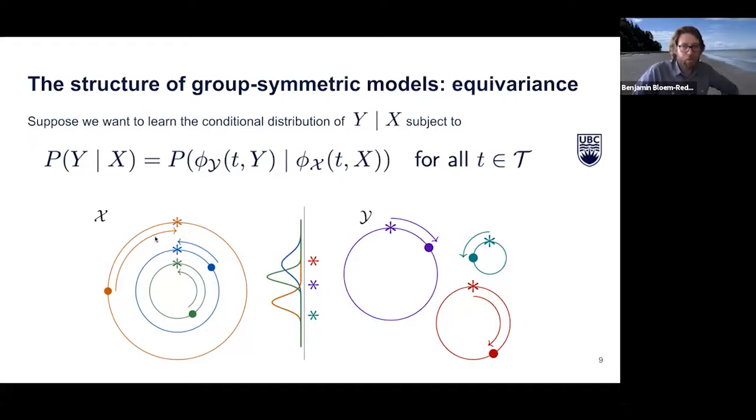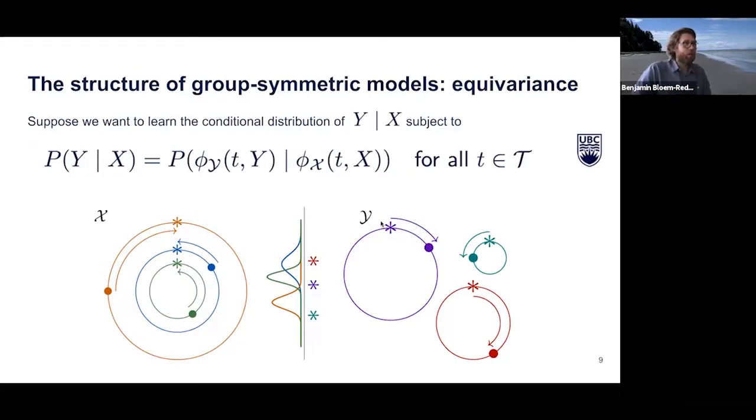Okay, so when we do that, the structure still relies on these equivalence classes, but now we need to put orbits of x in correspondence with orbits of y. Okay, so we need to know that if we move a point along its orbit somewhere, then the distribution of y needs to have a corresponding movement along its orbit.